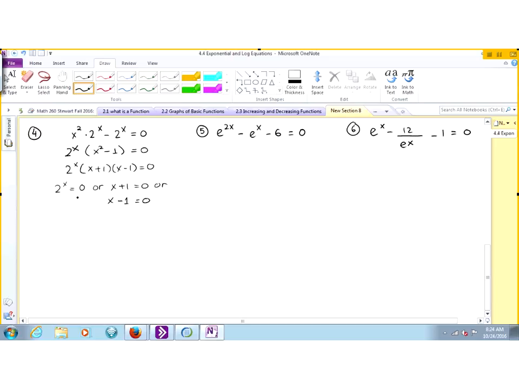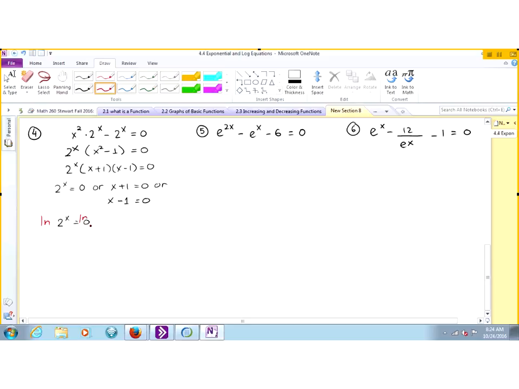Is it possible to have 2 to the x equal to 0? How would you solve 2 to the x equals 0? Just say we want to do ln both sides. What is ln 0?